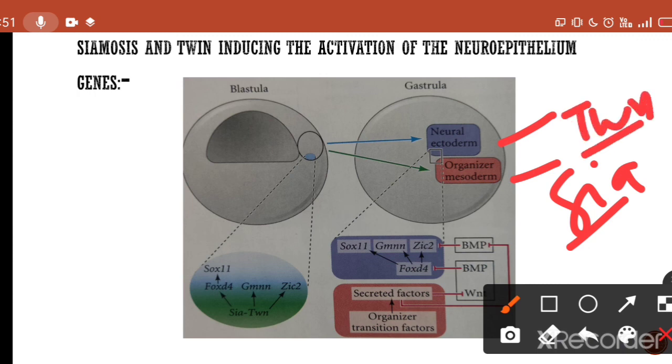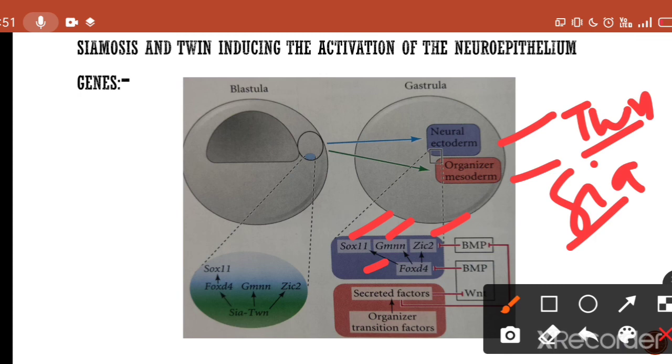These genes activate the neuroectodermal genes FOXD4, GMNN, ZIC2 and SOX11. These genes encode transcription factors that will activate other neural genes such as SOX11.